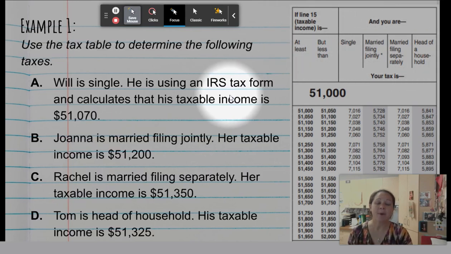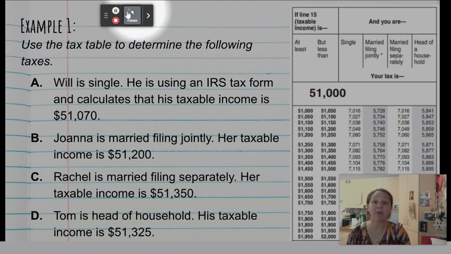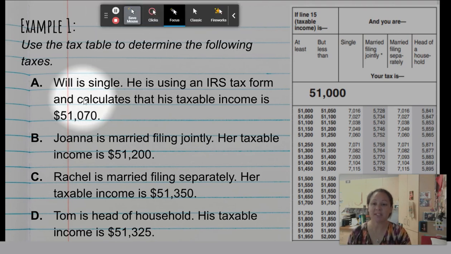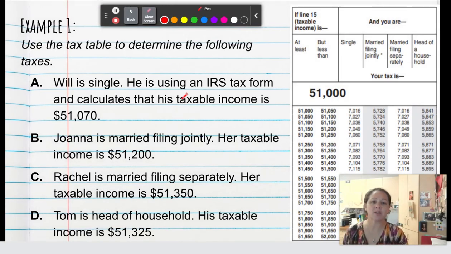And so on the tax table, we have this example here, where we would be finding the amount that it has. In this case, Will is single, that's his filing status, and he makes $51,070. So what we would do is find where that falls between. $51,070 falls right here between $51,050 and $51,100.